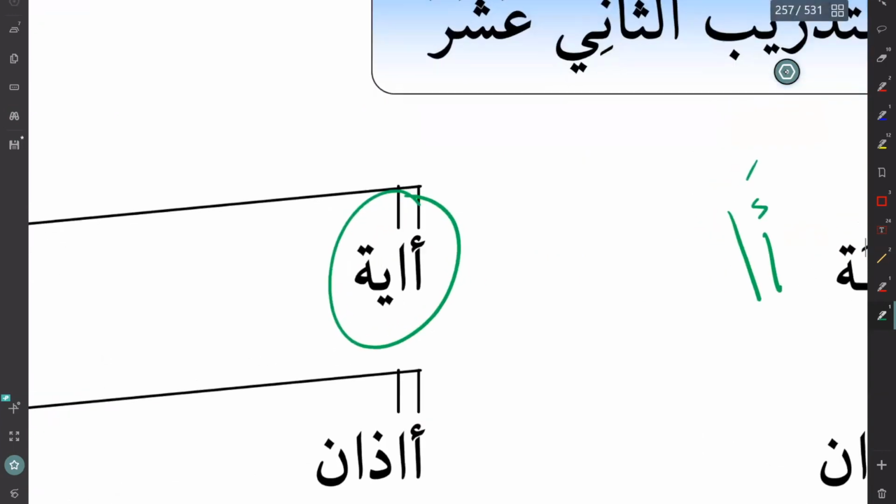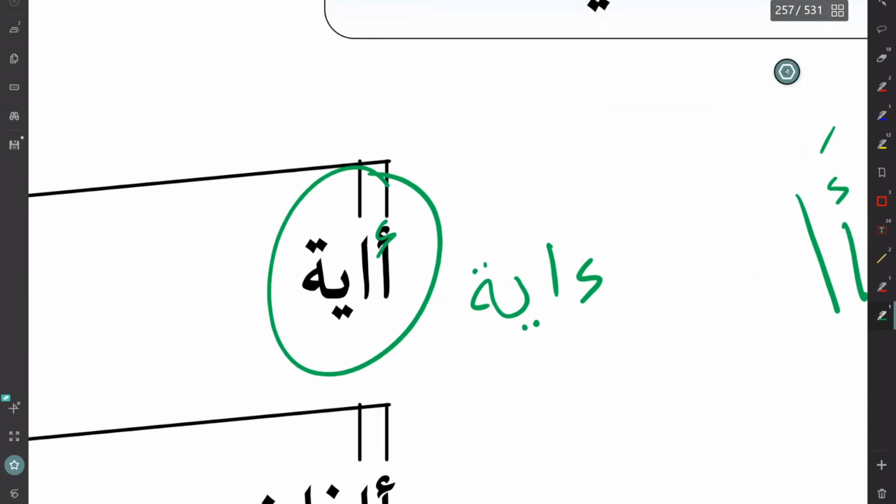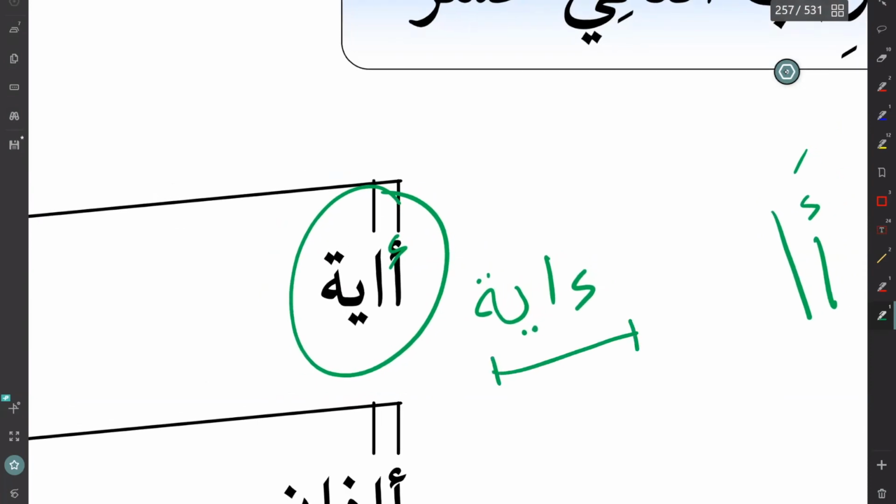But in the Mus'haf, the Quran that you read, you will see that sometimes they don't write the hamza like that. They write the hamza like this one. So you'll see that this is how they write the ayah. But usually when you're writing, you should not write it like that.